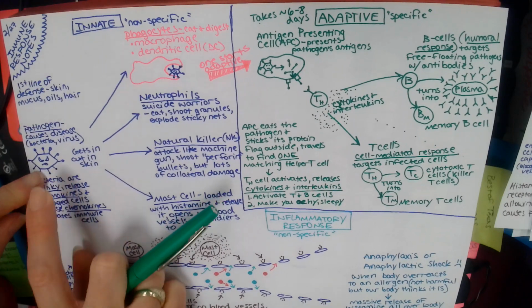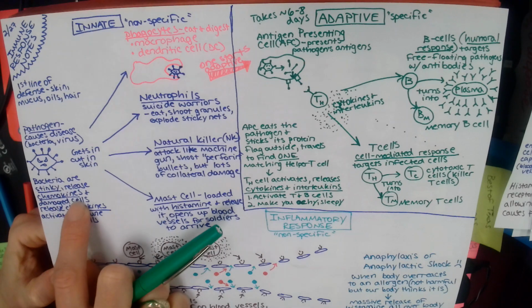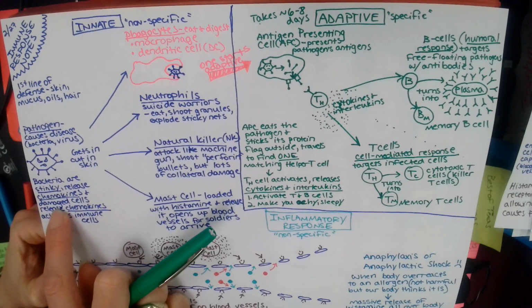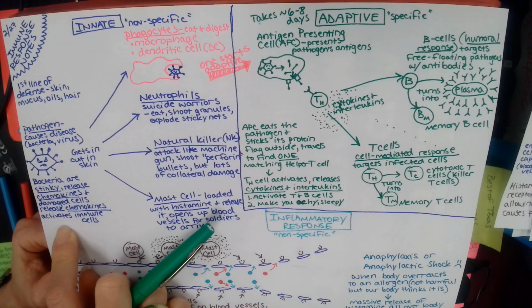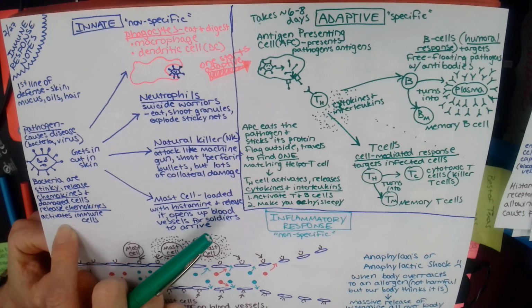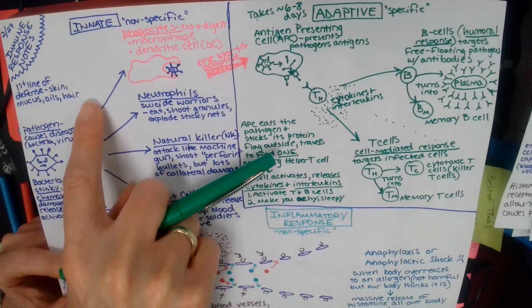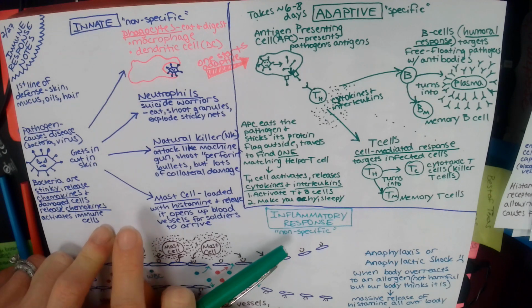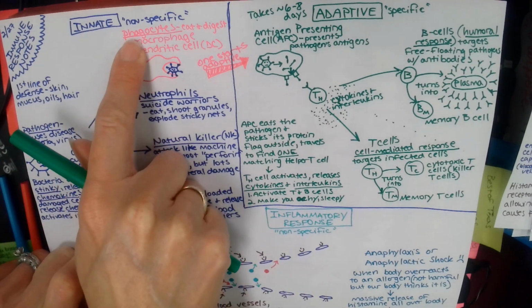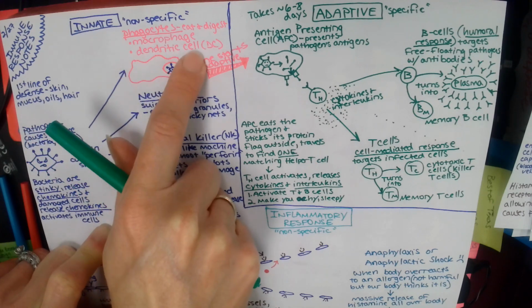When the bacteria gets in, it's going to be releasing chemicals called chemokines. And also our cells, when they get damaged by the bacteria or virus, also release chemokines. And those are going to activate and alert our immune system, our innate immune system. The four cells that immediately activate are phagocytes, which begin eating: the macrophage and dendritic cells.